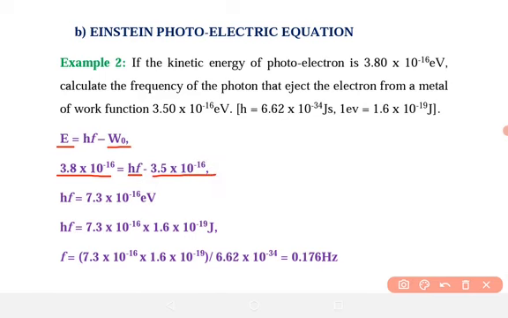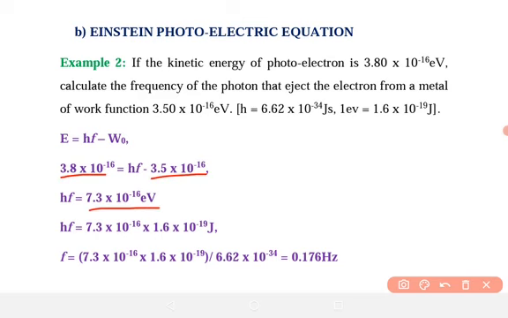Mathematically, we can collect the like terms. That is what makes hf equal to this plus this, lifting this to the other side of the equation. Adding this to this, it will give us 7.3 times 10 to the power minus 16.